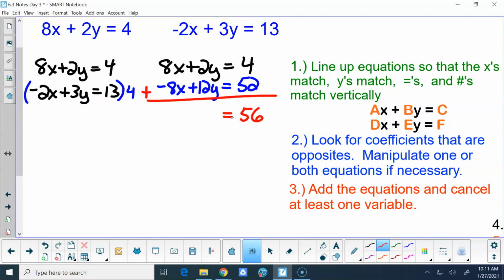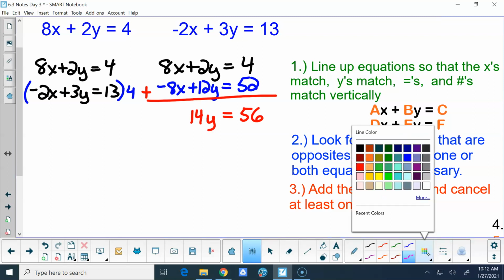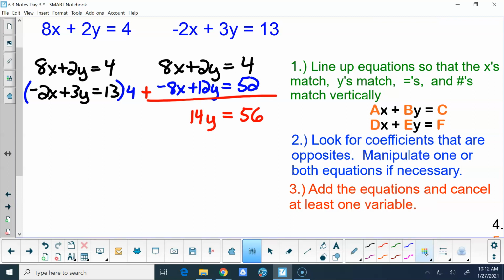Equal sign just carries through. 2y plus 12y is 14y. But here's the kicker. Negative 8 plus positive 8 makes those go away. I've eliminated the x from my equation.